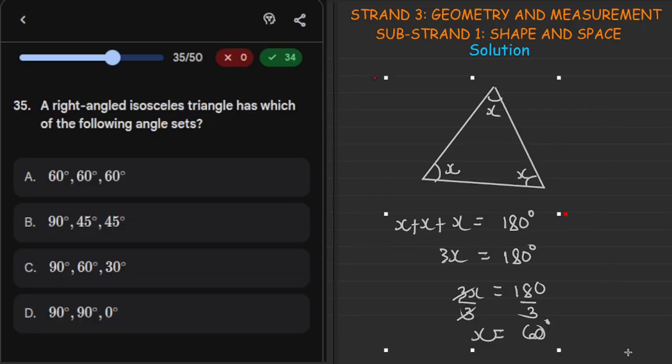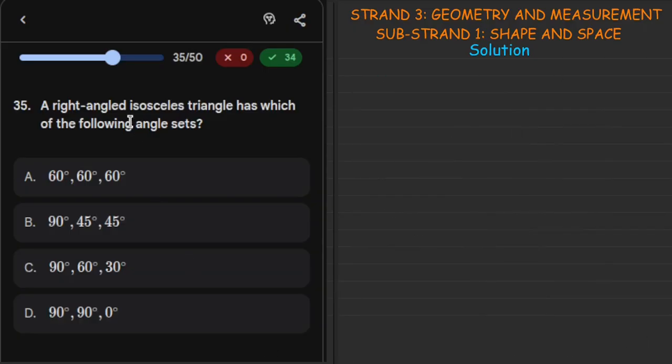Question number 35. It says, a right-angled isosceles triangle has which of the following angle sets? We said an isosceles triangle is that which has what? Two of its sides equal. This one in particular is a right-angled triangle. It is also an isosceles triangle.